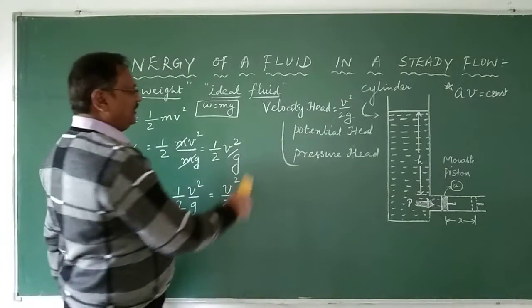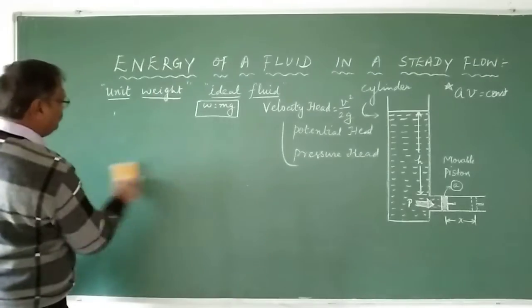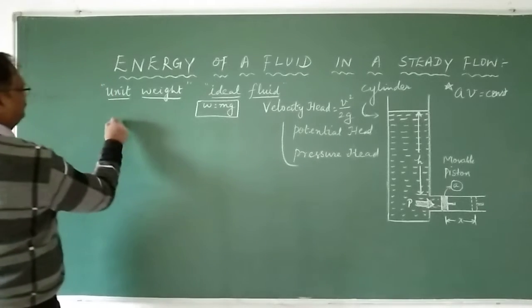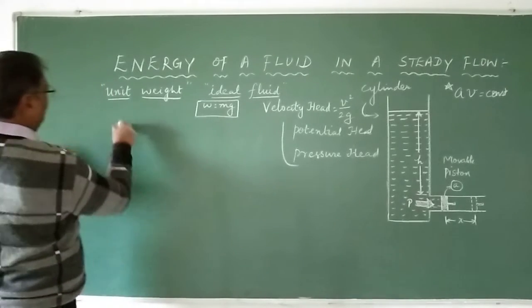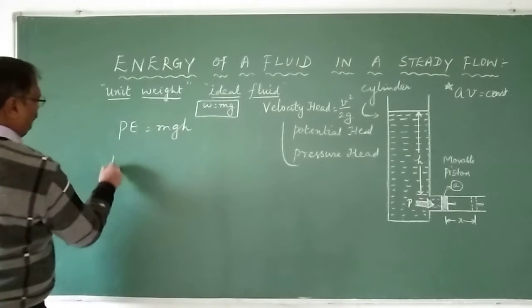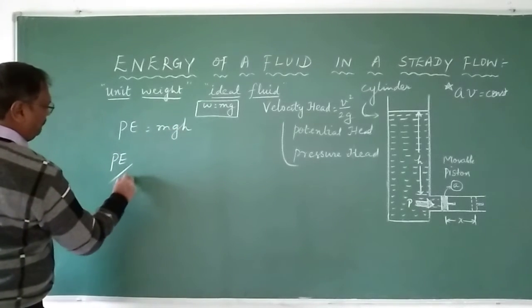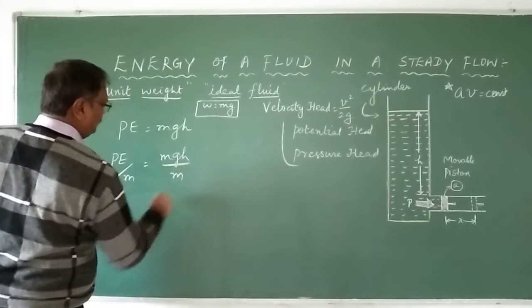Next, I am going to discuss potential head. Potential energy is equal to mgh. Potential energy per mass is mgh upon m.